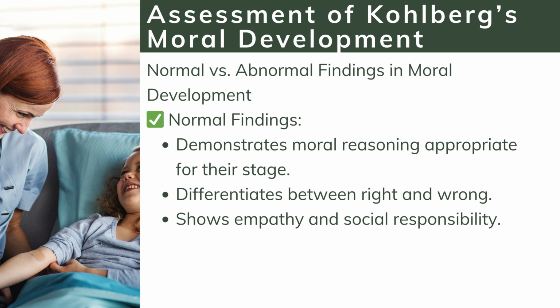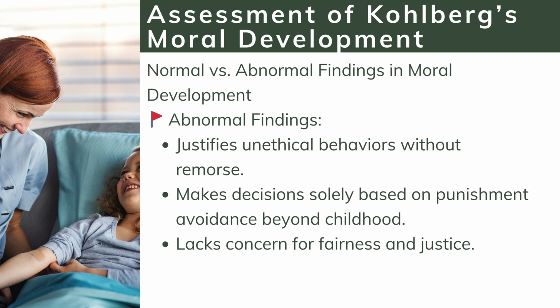Normal findings could include age-appropriate moral reasoning, empathy and social responsibility. Abnormal findings include justification of unethical behavior without remorse, and making decisions solely based on punishment avoidance beyond childhood.